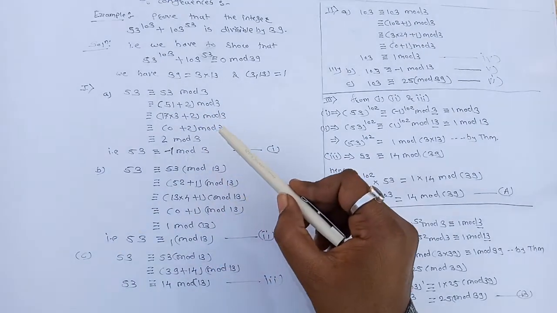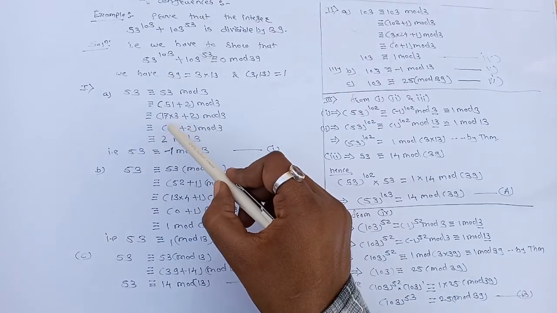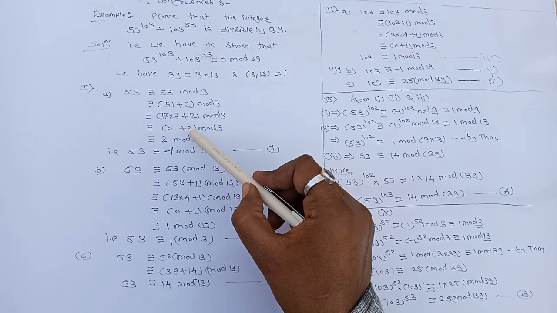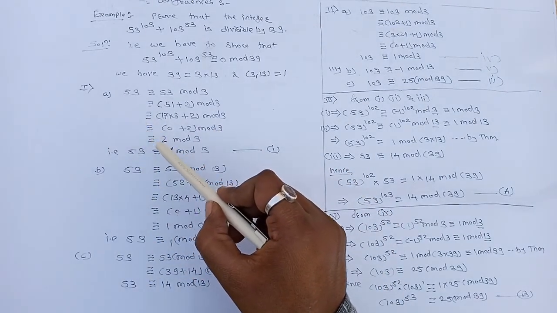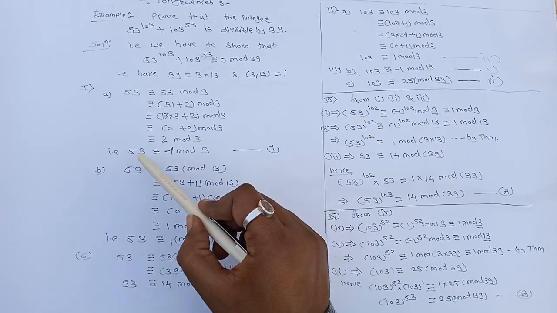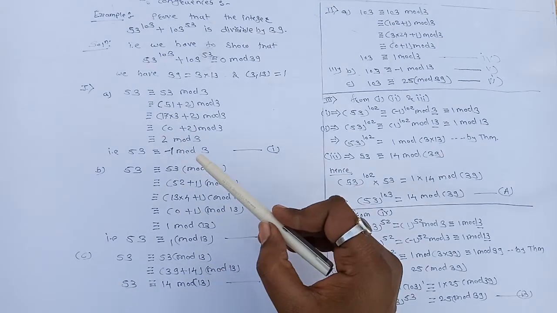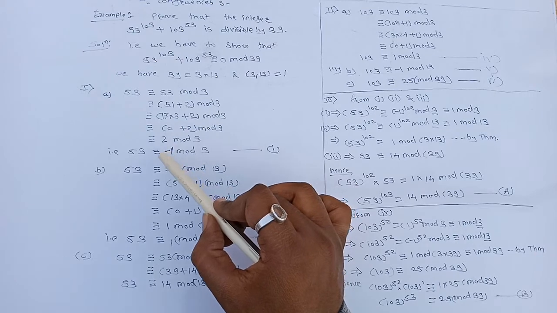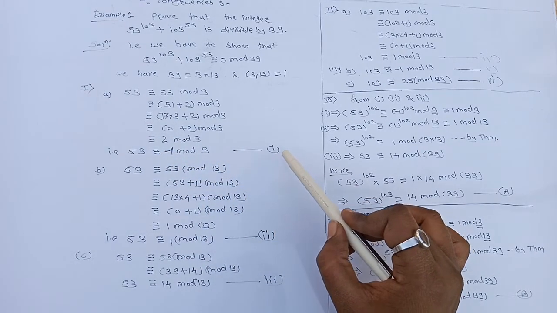Now under modulo 3, 17 into 3 is 0, so this is 0 plus 2 mod 3, that means 53 is congruent to 2 mod 3. So it can be written as 53 congruent to minus 1 mod 3, because under modulo 3 you can write it in this way. This is equation number first.